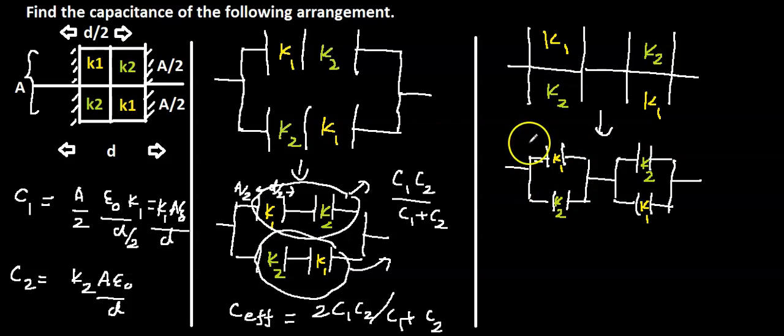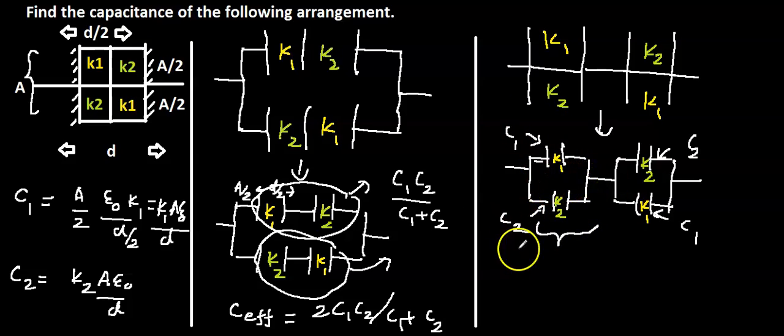Now, once again, we have two capacitors in series. Just like in the previous scenario, the capacitance of this is C1, this is C2, and this would be C2 and C1. Now these two are in series, correct? So the effective capacitance of this part alone is C1 plus C2. And this is again in series with a similar capacitor, because the effective capacitance of this part is C1 plus C2.